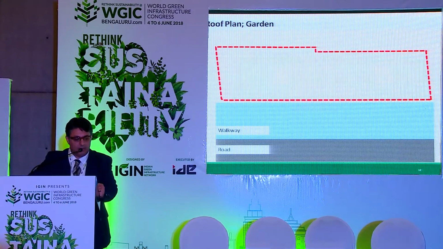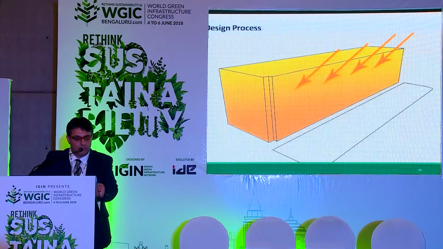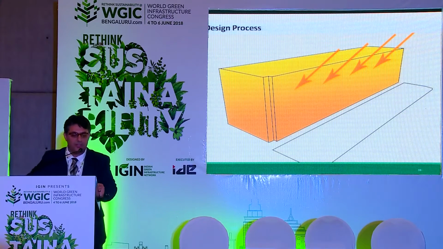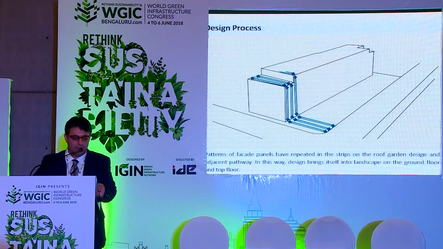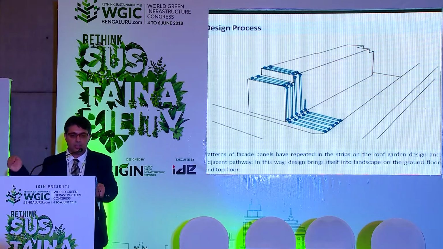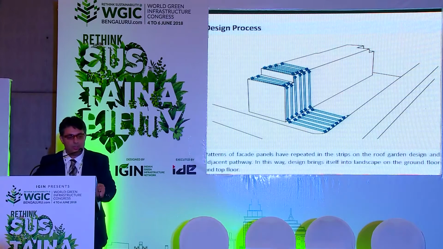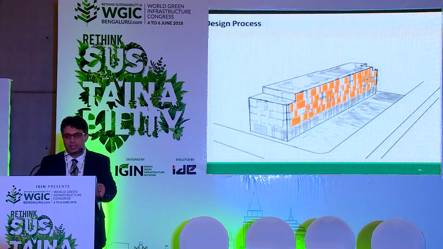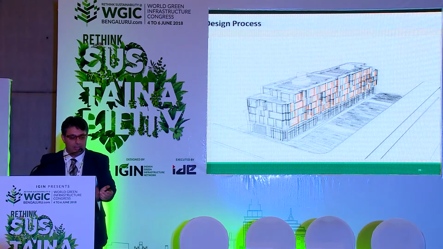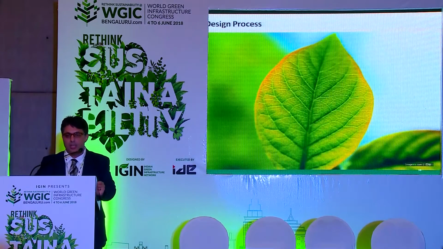green roof at the top, and also in terms of the facade design, we use strips coming from the ground, going to the facade and going to the roof. These strips go like this, and a pattern of panels is attached to the building. The panels stemmed from the concept we got from the leaf.